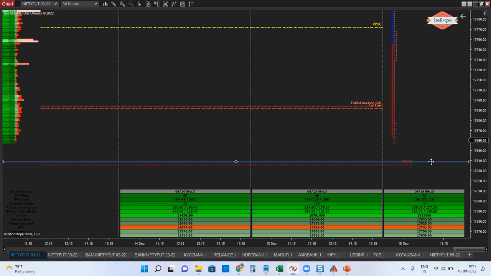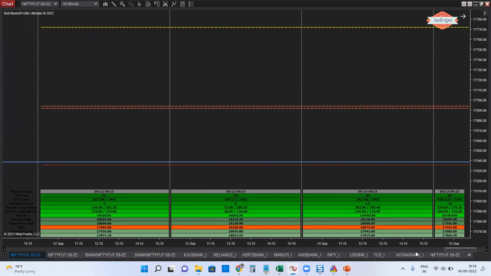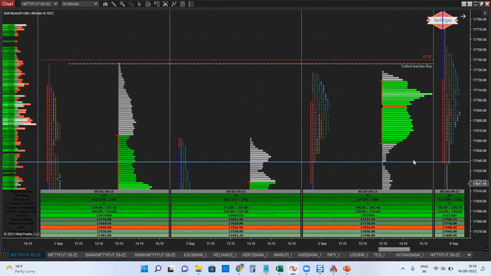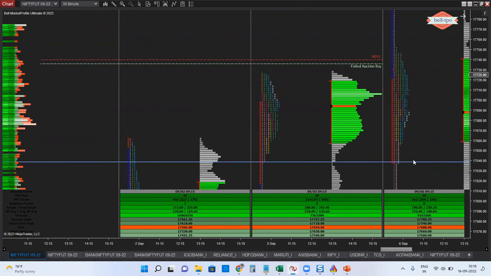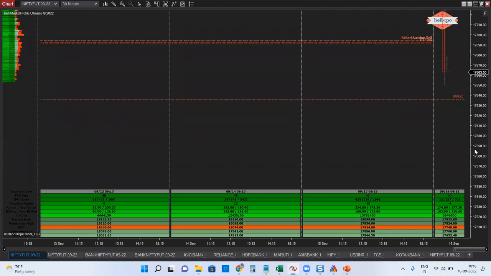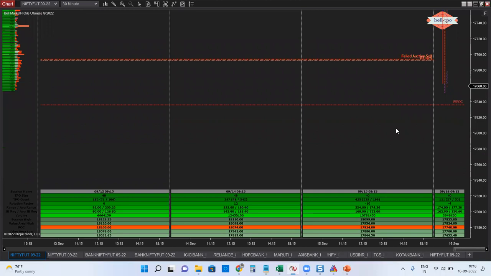I don't know why I had drawn a line at 17,640, but I think it's some dummy level only. Yes, I'll remove this. Anyway, the weaker point of control is one of the potential targets in between, but that is not the important target at all. The important target is around the visual lows, 17,610.